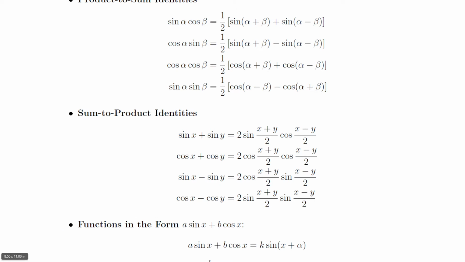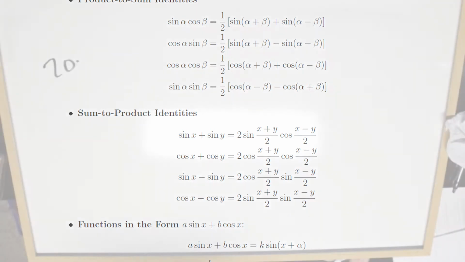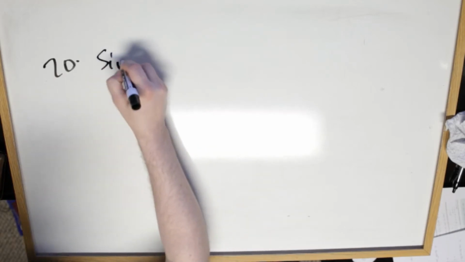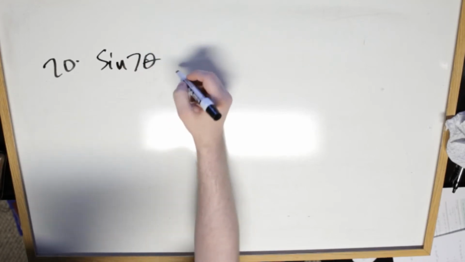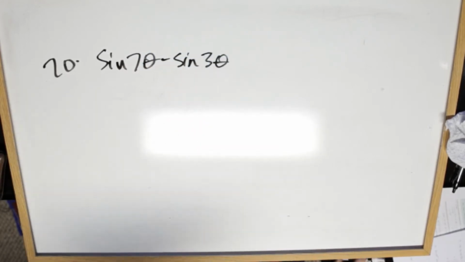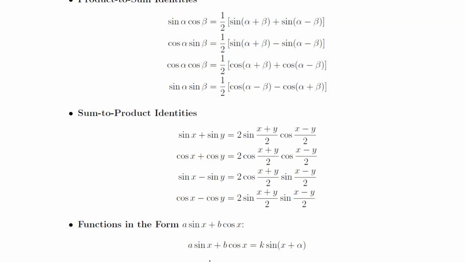The one that we need for this question here is going to be the sine minus sine. So sine of 7 theta minus sine of 3 theta. This is going to be, again, go back to reference. So it's actually going to be this one right here.